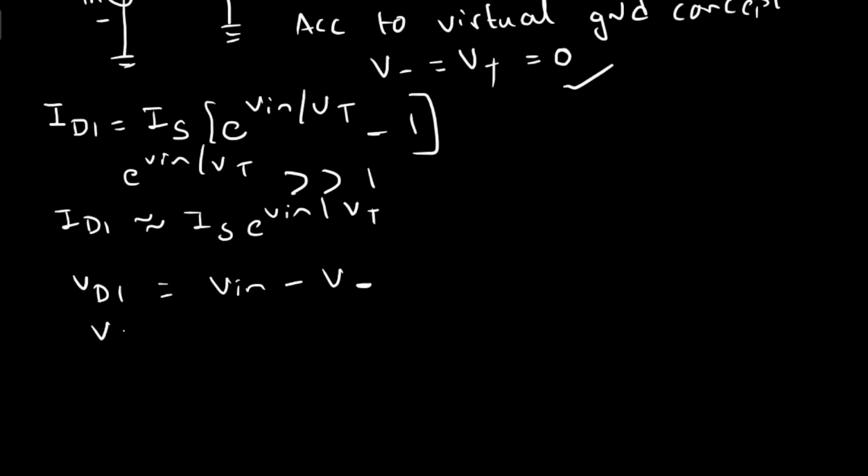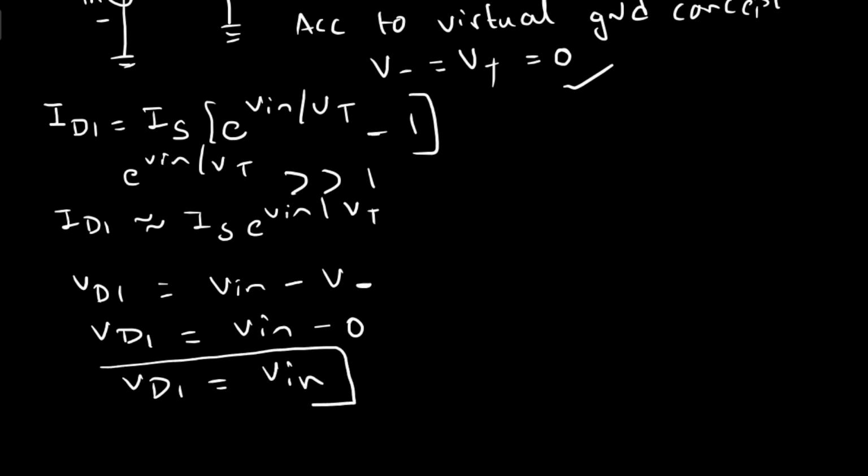Now substituting V minus equals to 0, then you get potential or voltage drop across the diode VD1 equals to V in. This is one relation. VD1 equals to V in. So in place of V in, we just substitute VD1.